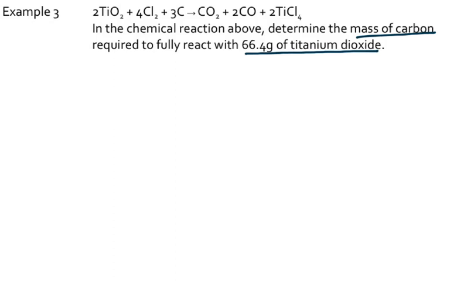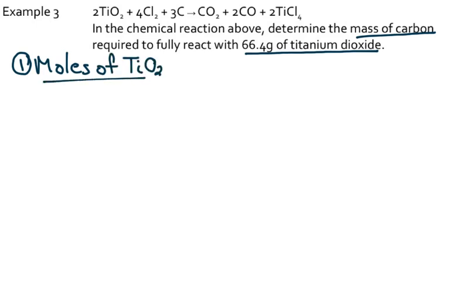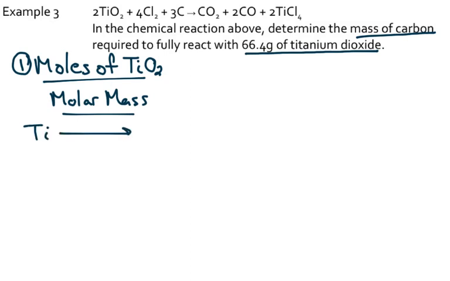We know what mass of titanium dioxide we have. So first step is to find how many moles of titanium dioxide this is. To do that, we need the molar mass. In titanium dioxide, we have one titanium atom, which weighs 47.867 grams per mole.